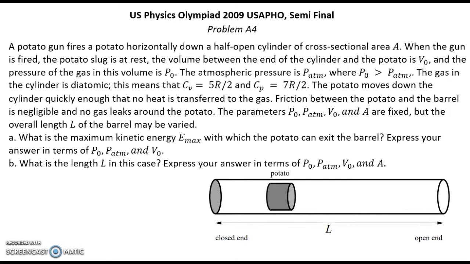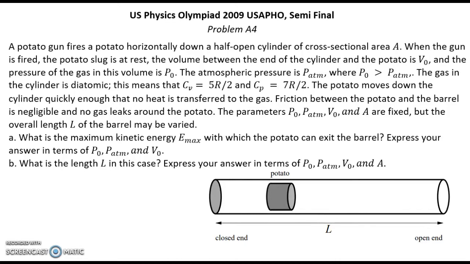Problem. A potato gun fires a potato horizontally down a half-open cylinder of cross-sectional area A. When the gun is fired, the potato slug is at rest. The volume between the end of the cylinder and the potato is V0, and the pressure of the gas in this volume is P0.